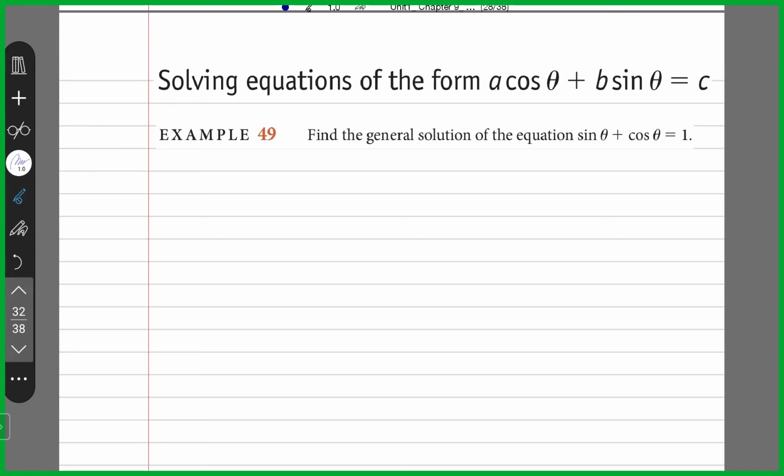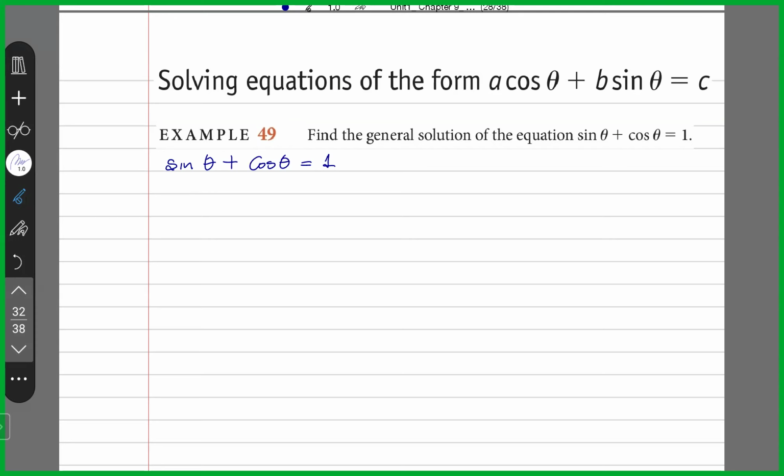So this is asking for the general solution of sin theta plus cos theta is equal to 1.